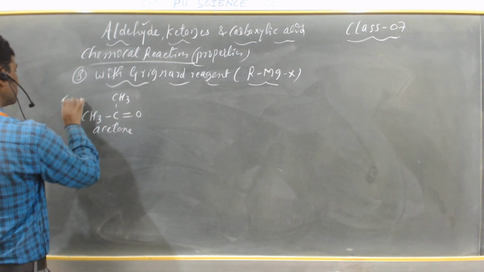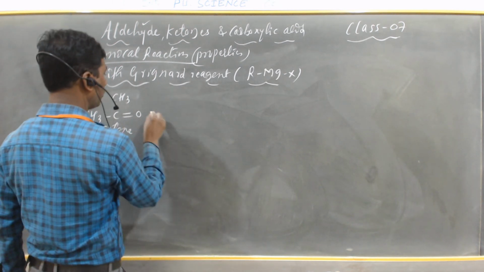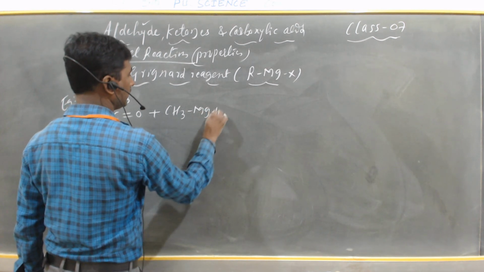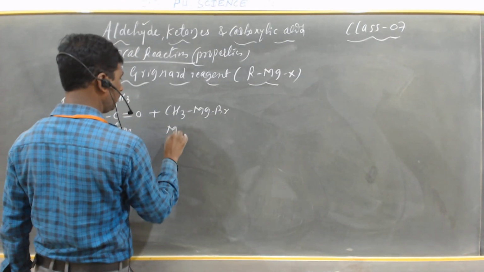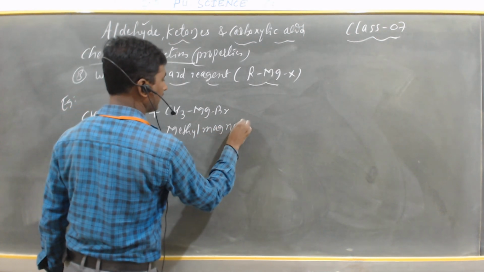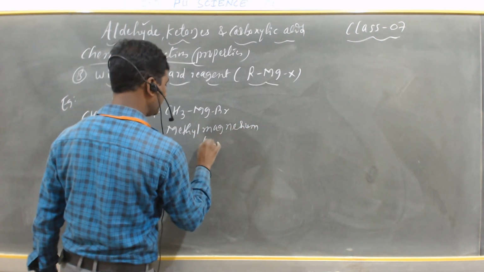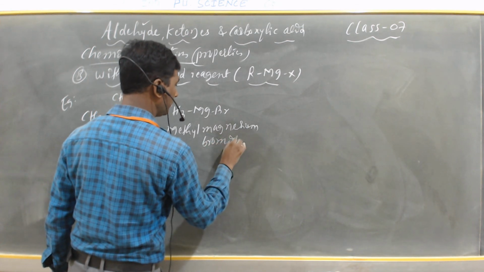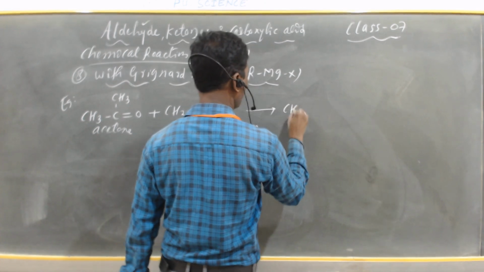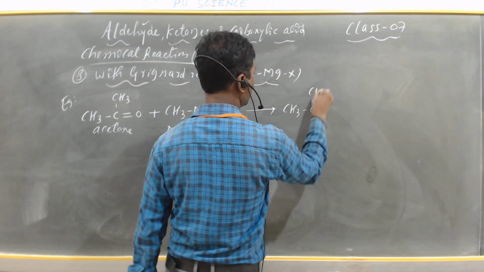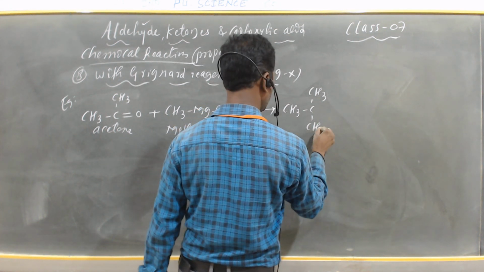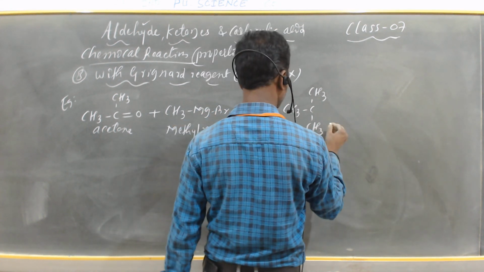Now I'm discussing the example with the Grignard reagent: CH3MgBr. CH3 is called methyl, Mg is magnesium, and Br is bromide.